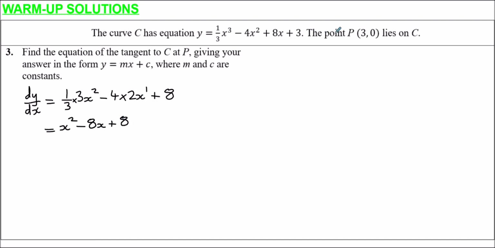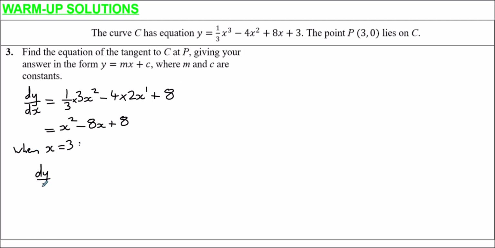So the point P is when x is 3 and y is 0. So we know that the point P lies on C, so we can substitute in when x is 3 to work out what the gradient is at point P. So when x is 3, what's the gradient going to be?